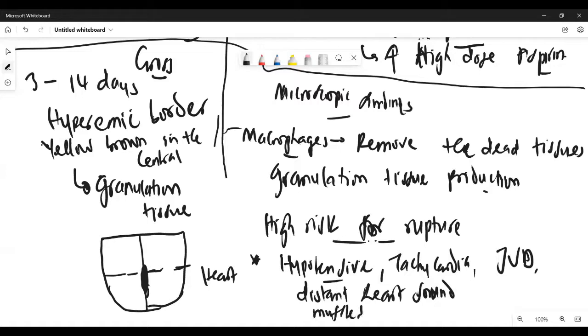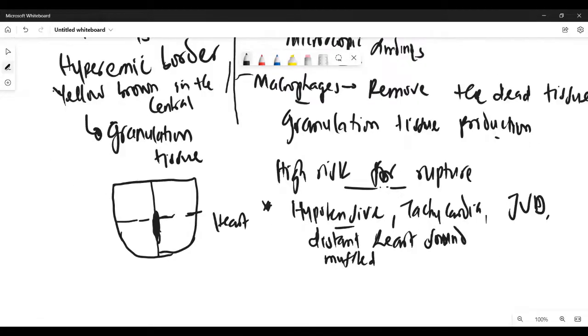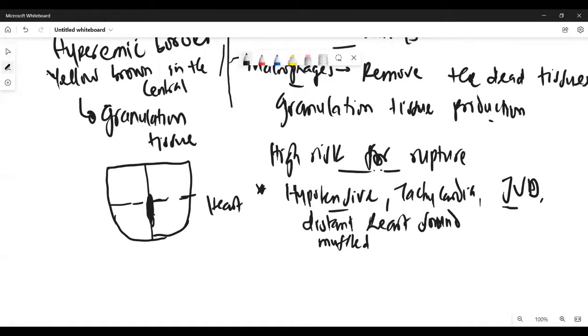Muffled heart sound means that you can't hear it very well. Anybody know what we call this triad? Hypotension, jugular venous distension, and distant heart sound. What do we call those triad? Very good. That's what we call Beck's triad. This triad is classic for what? Cardiac tamponade.